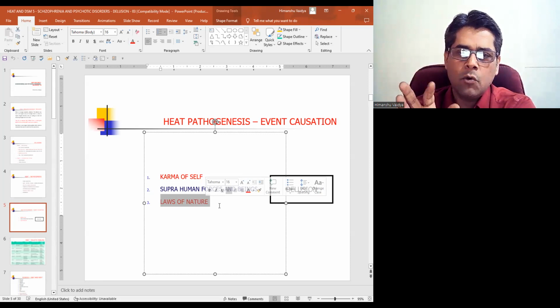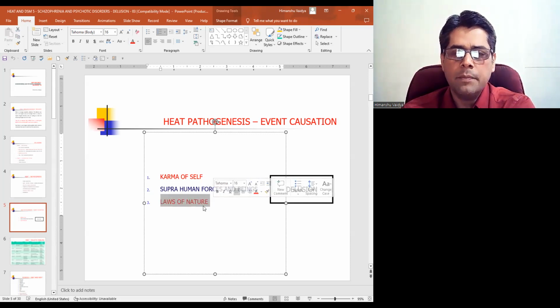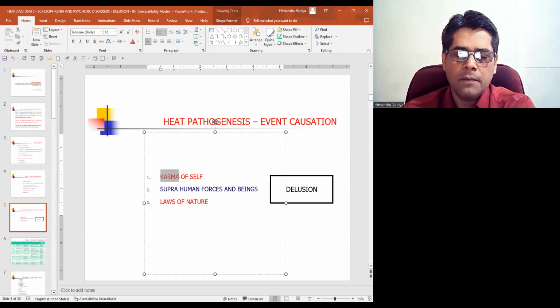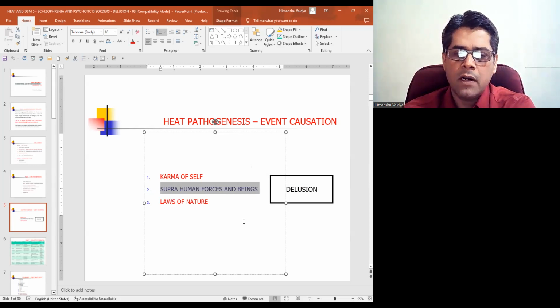The split remains open, and then the Oedipus goes into a problem, and self is not created, and we see all the psychopathological difficulties coming. So once this event happens because of karma, then the laws of nature take over and lead to psychopathology, severe, in this case, delusion. And once the delusion happens, these entities come in to take advantage of that delusion. And this is the provisional understanding.